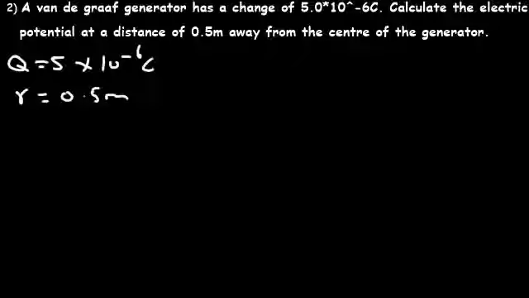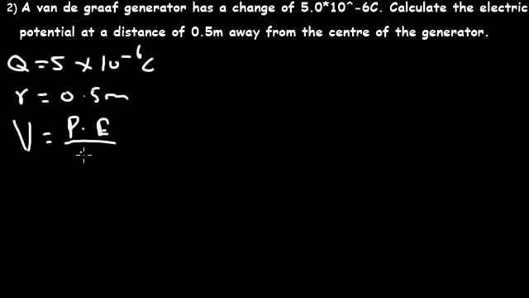So what do you think we can do in order to find the electric potential of the charge at a distance of 0.5 meter? Pause the video and figure this out yourself. Now, if we recall, we said the electric potential V is equal to the potential energy divided by the quantity of charge.